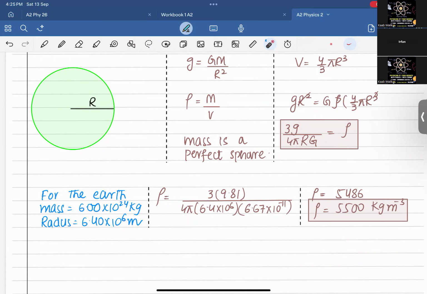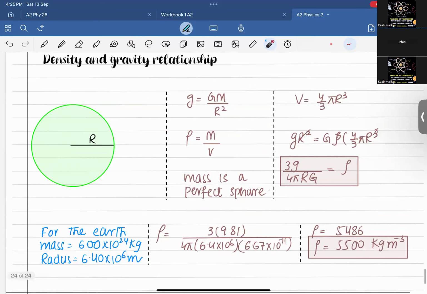Yes, getting perfect. The second possibility is if they give you a lower density. Lower density means the planet or the mass would be made up of mainly water or mainly gas at high pressure, or water at low pressure. So that makes the density lower.